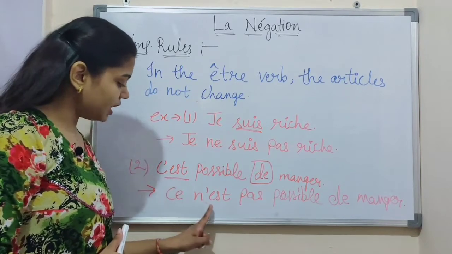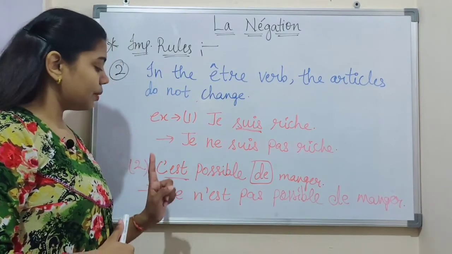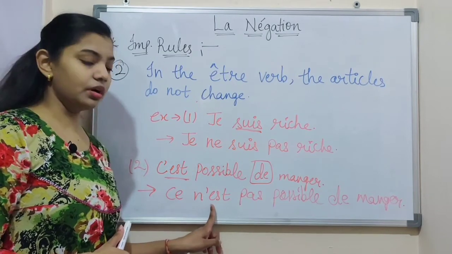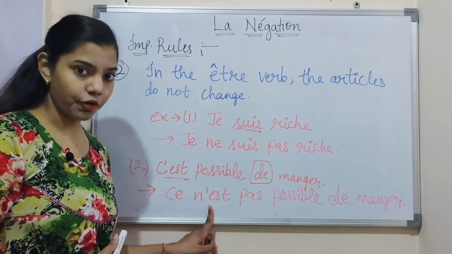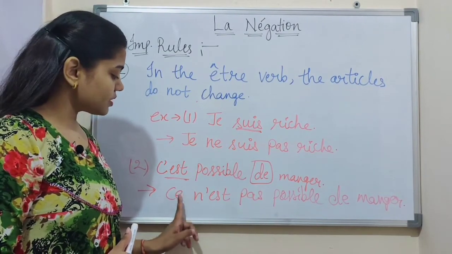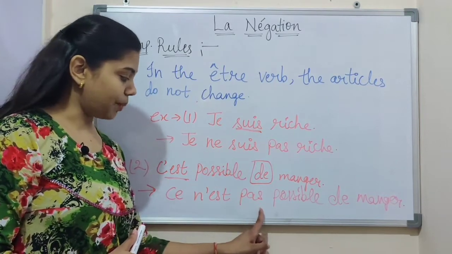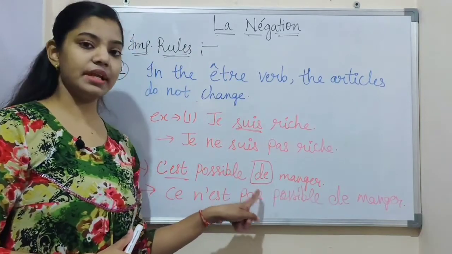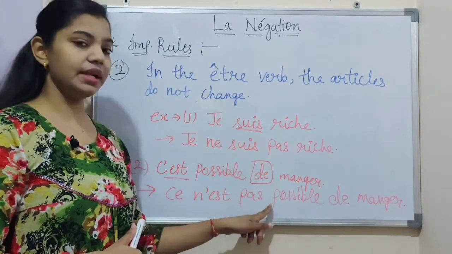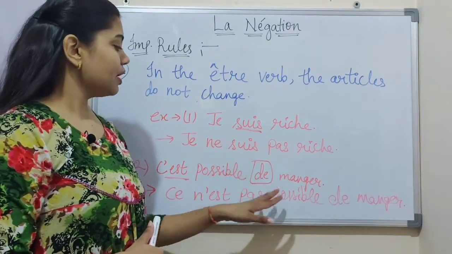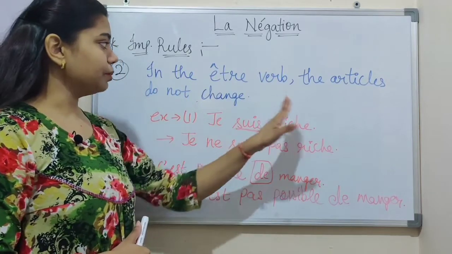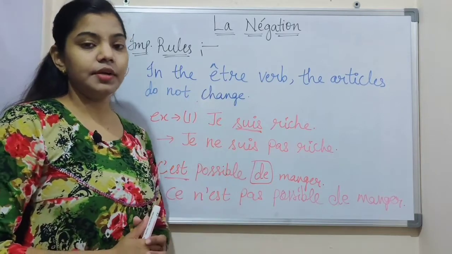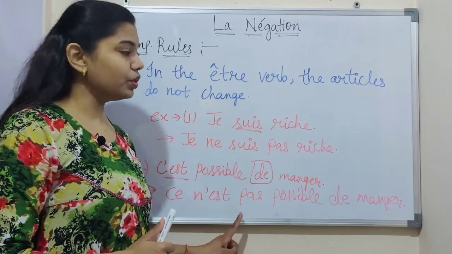So we add an apostrophe because est starts with a vowel. So ce n'est pas, after the verb pas, possible de manger. The article is not changed in this sentence because this rule is applied, which means with the être verb the articles do not change. Okay, so I hope this rule is also clear.